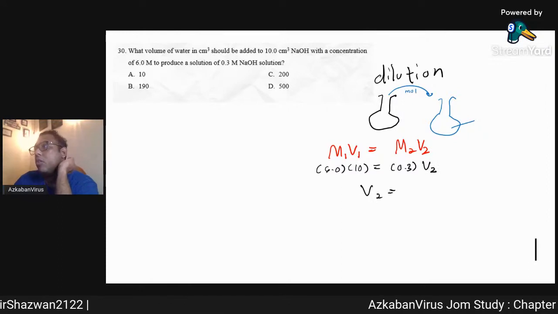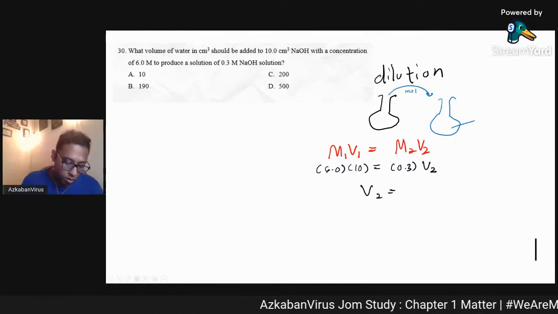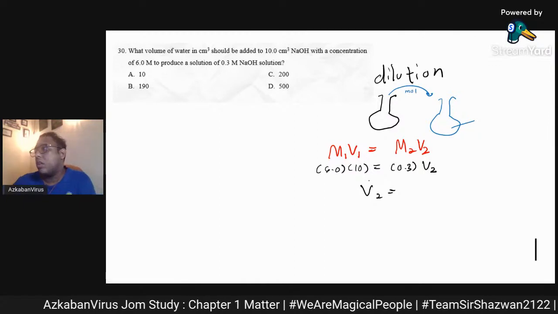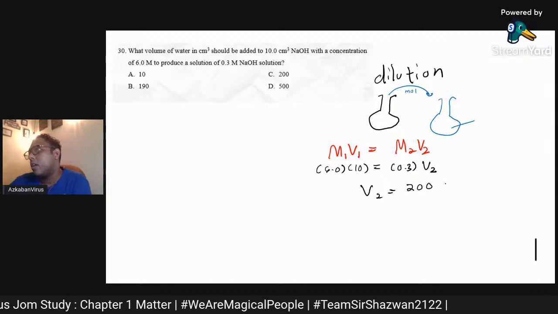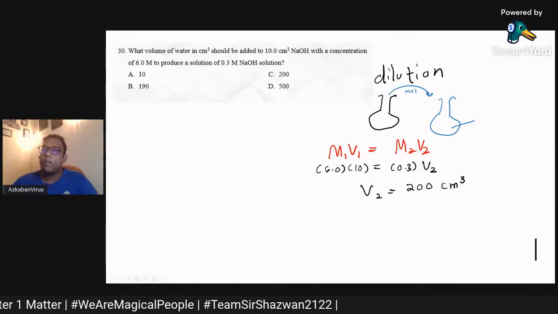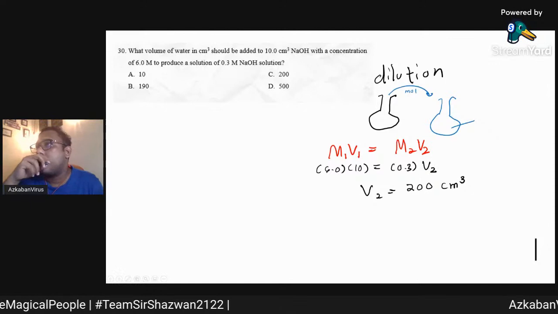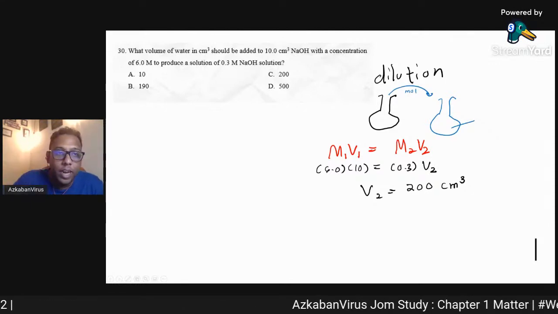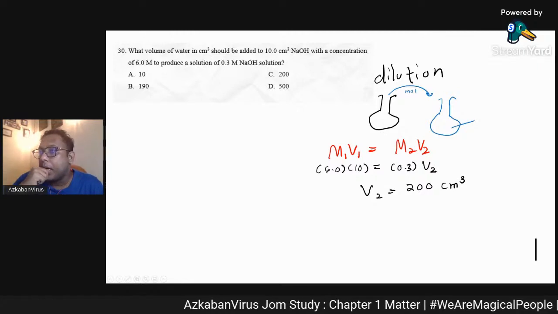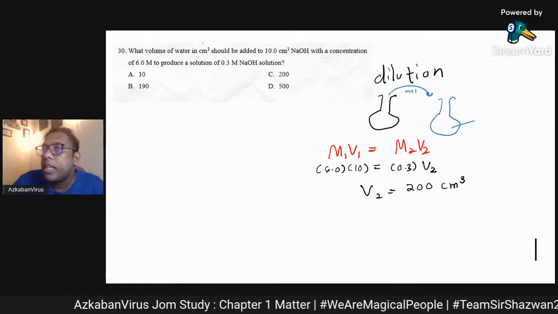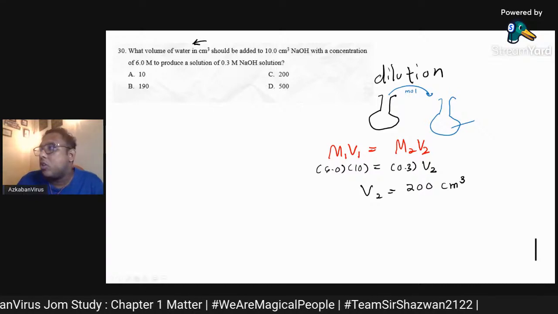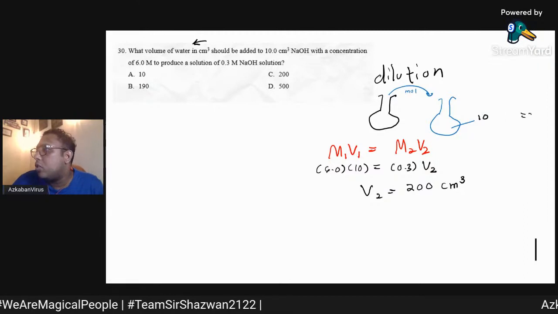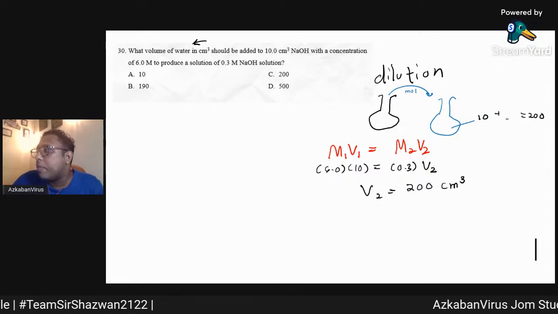So V2 is equal to 200 cm cube. Okay, volume yang final dia adalah 200 cm cube, tapi dia tanya berapa banyak volume of water yang perlu ditambah. So asalnya dah ada, you dah masuk 10 kan. So you nak hasilkan solution yang sebanyak 200. So berapa yang you perlu tambah?